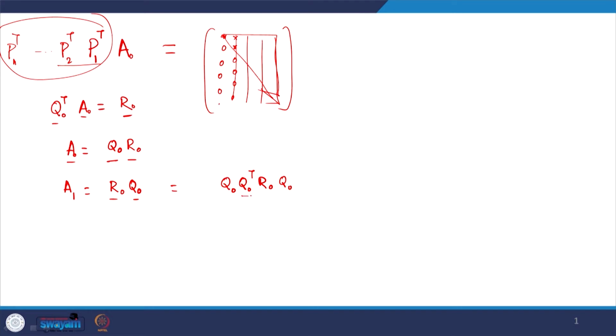So, when I do this, this is actually an orthogonal transform. So I define this as Q transpose Q R 0 Q. Now, what is Q 0 R 0? Q 0 R 0 is just A 0.